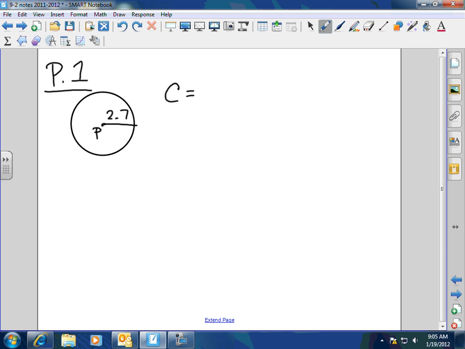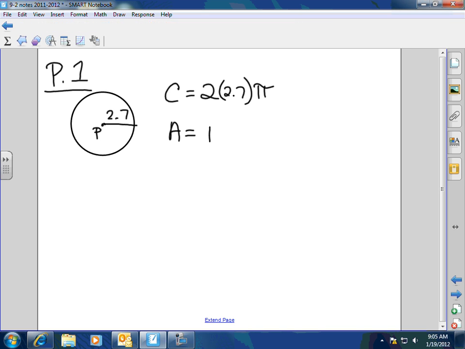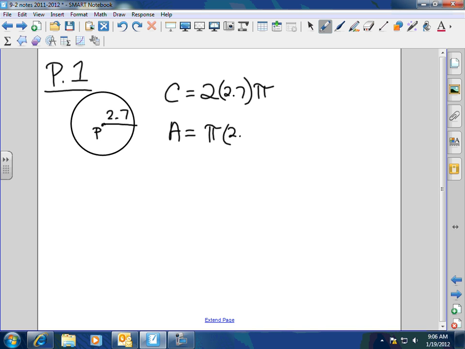They want to find the circumference and the area. So the circumference is going to equal 2 times the radius times pi, and the area is going to equal pi times the radius squared. When you do that math, the circumference is going to equal 5.4 pi units.